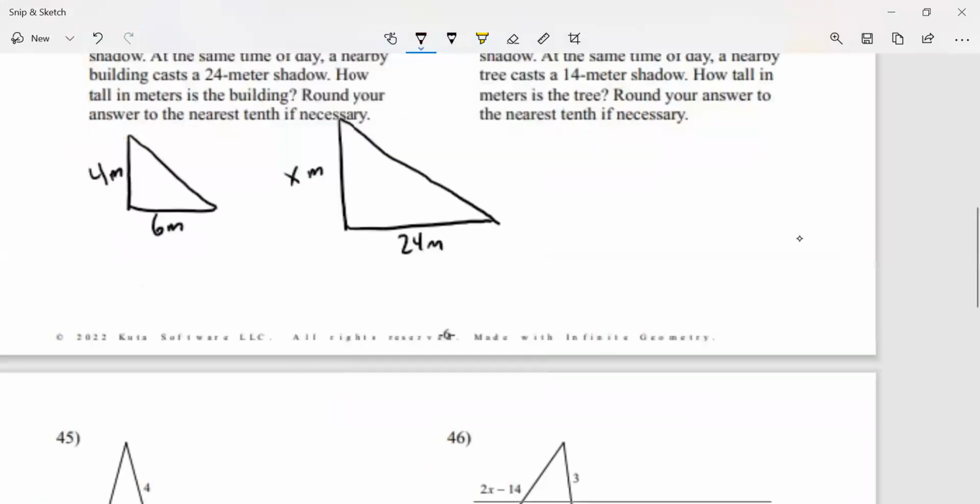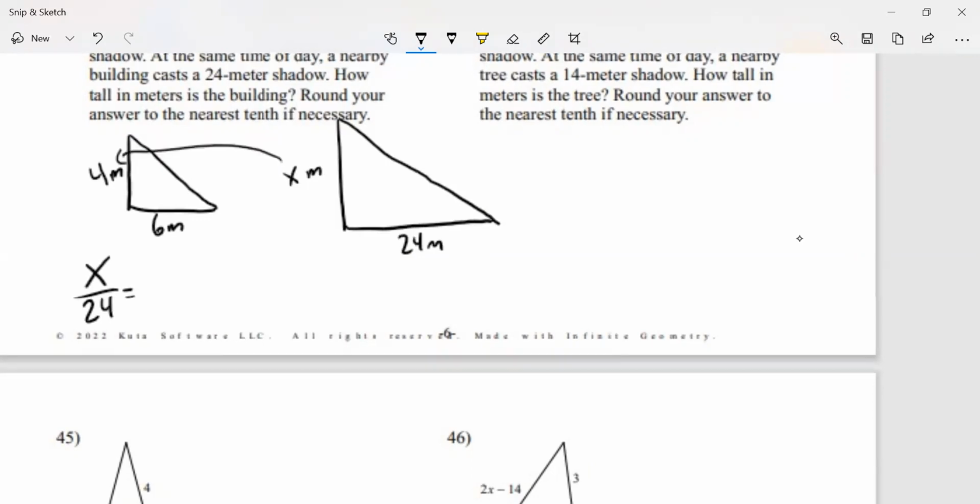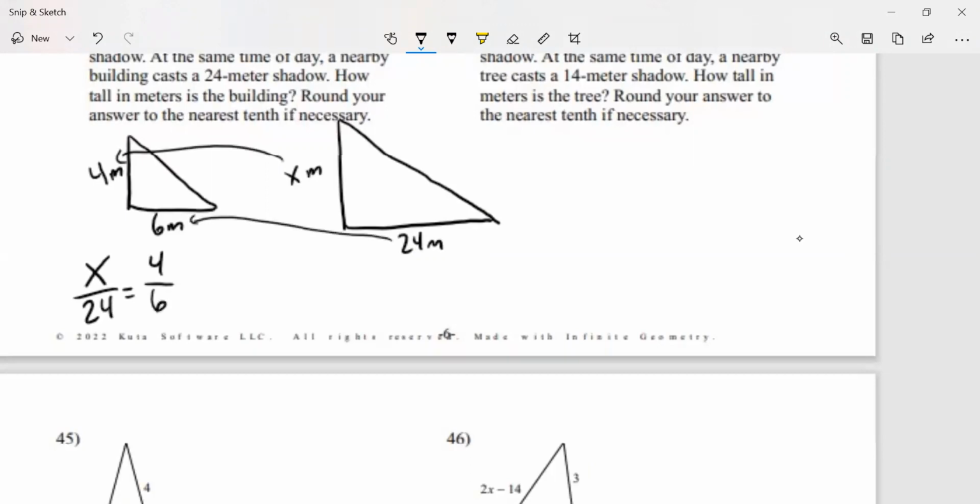The way I'm going to do this, for the triangle that has x, I'm going to write x over 24. Notice I'm starting with the triangle that has the x. So x and 24. X is corresponding with 4. So 4 goes with x. 24 is corresponding with 6. And then I'm just going to cross multiply.